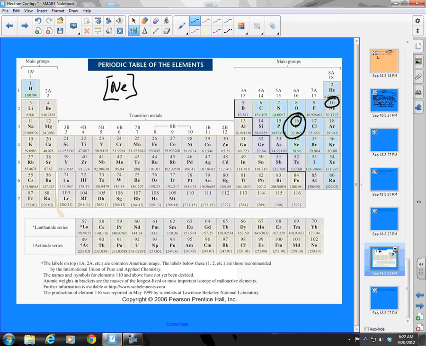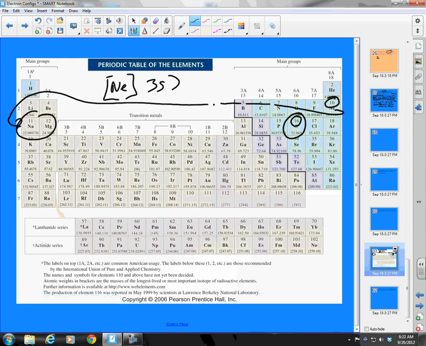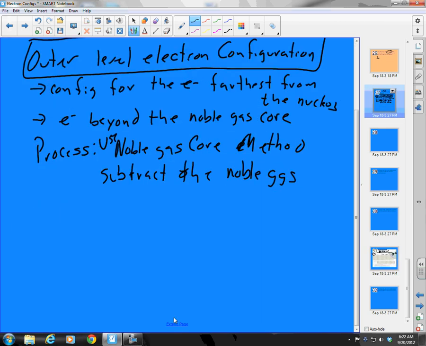After neon, I come over to 3s2, and then 3p: 1, 2, 3, 4. So neon 3s2, 3p4. Let's write that down. For sulfur, I have neon 3s2, 3p4. This is my electron configuration using the noble gas method.